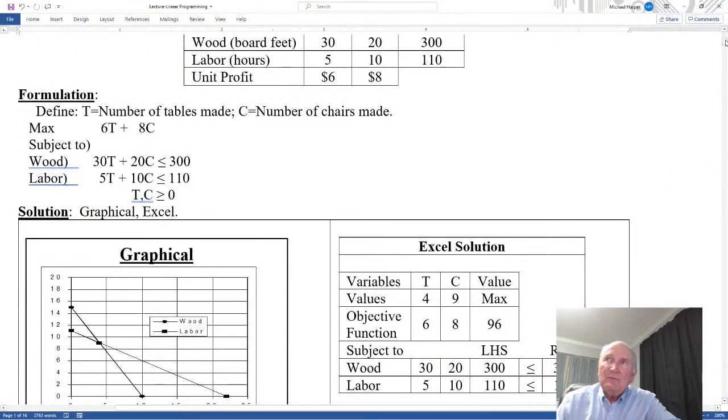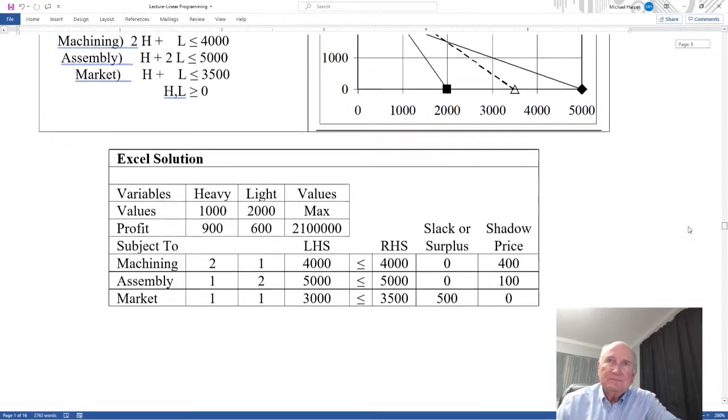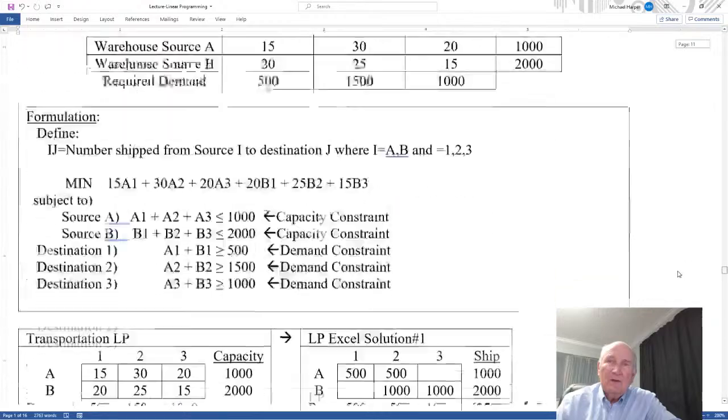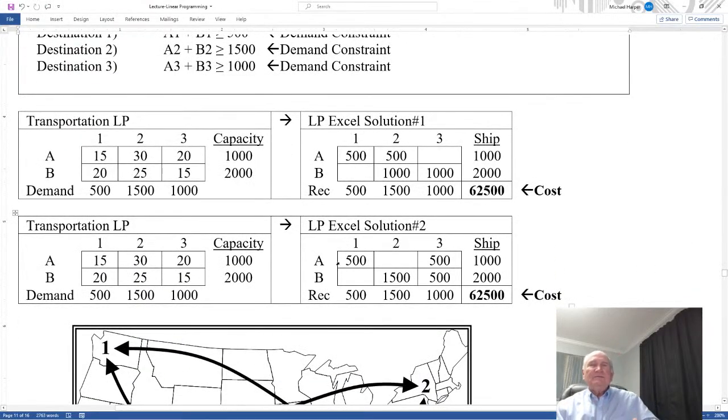We know it's optimal because when I put this in Excel and I solve it, it says an optimal solution was found. So it tells me it was optimal. But also, you can try it too. In other words, this is optimal.